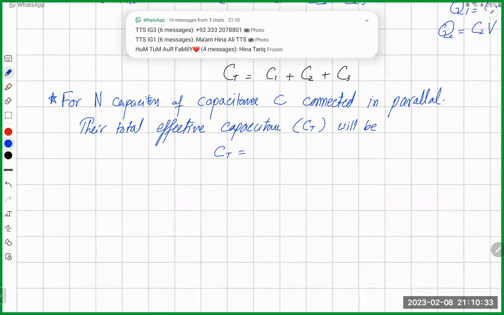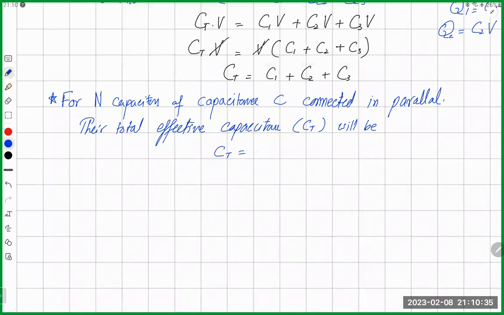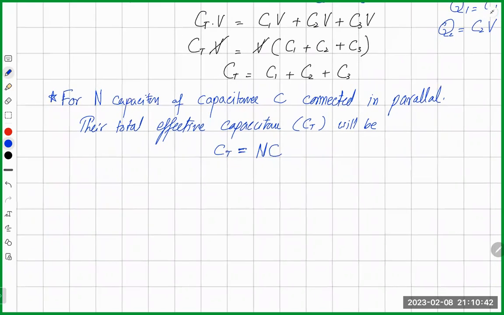There will be n C's that we will be adding. So we will get n into C. So if there are 10 capacitors, each of capacitance 20 microfarad, and 10 of them are connected in parallel, the total capacitance will be 10 into 20, 200 microfarad.